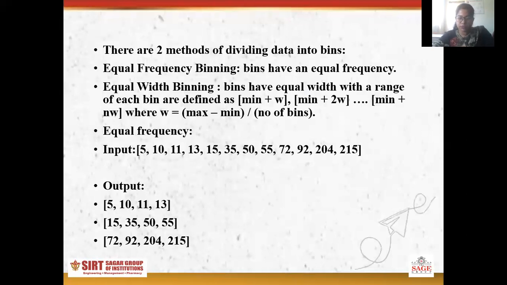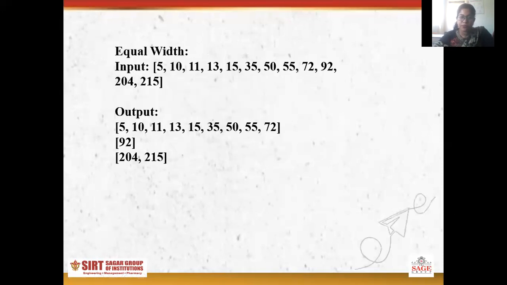So for the 12 numbers, if we go ahead with equal frequency binning, there will be 3 bins with 4 numbers in each. The first one is 5, 10, 11, 13. The next will be 15, 35, 50, 55. The last bin will be 72, 92, 204, 215.